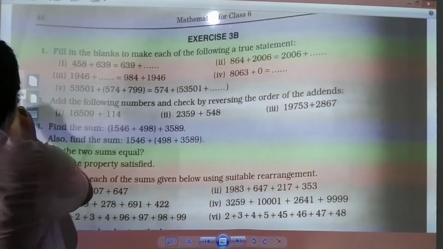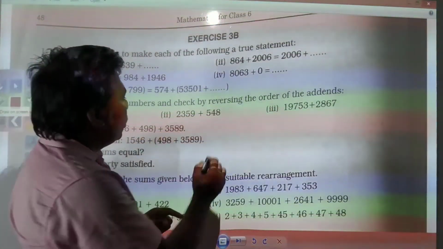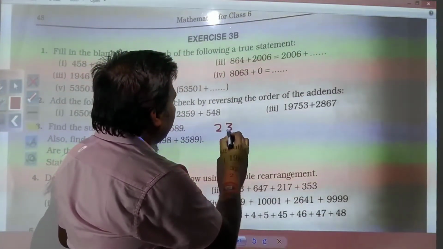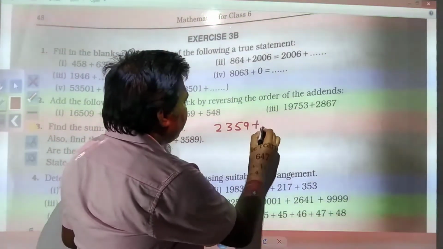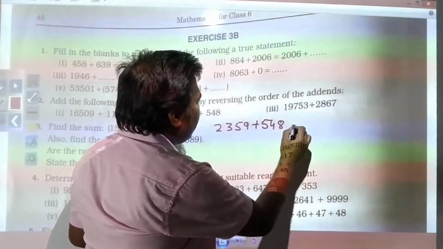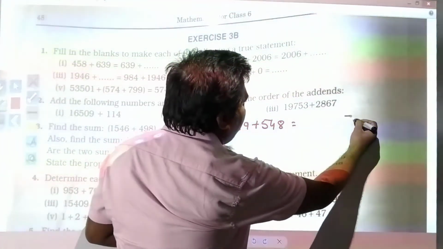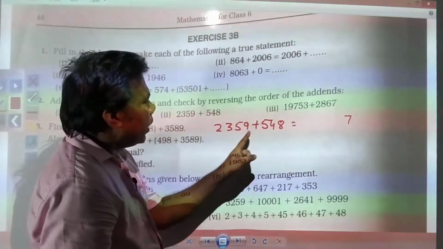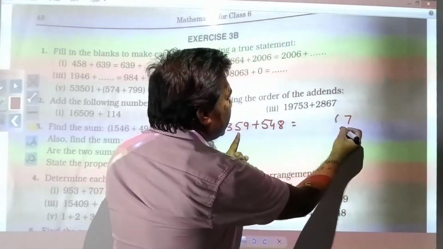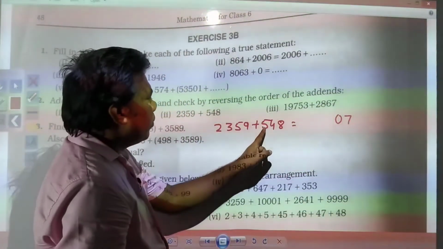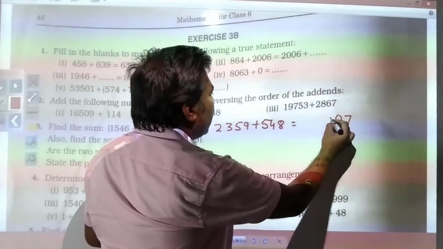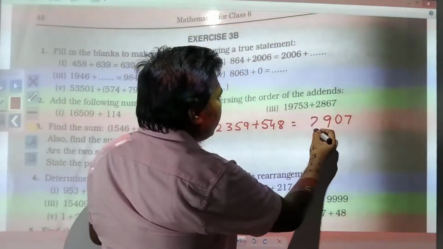Next you see 2359 plus 548. What will you get? 8 and 9, 17. 1 carried, 4 and 5, 9 and 1, 10. Again 1 carried, 5 and 3, 8 and 1, 9, and this is 2.